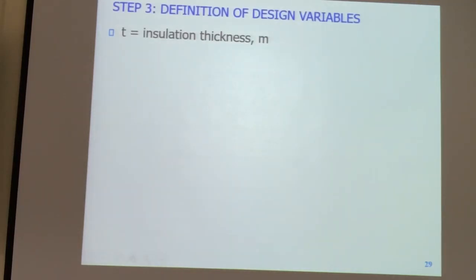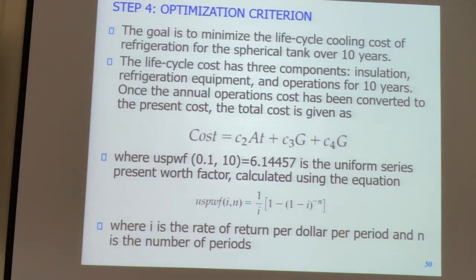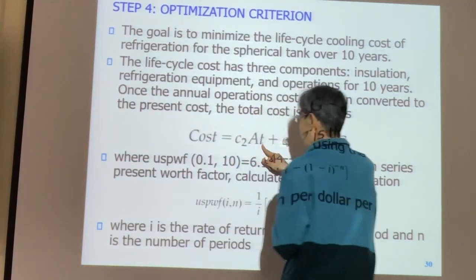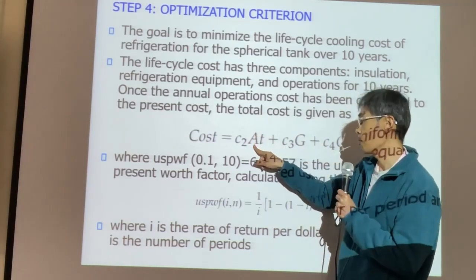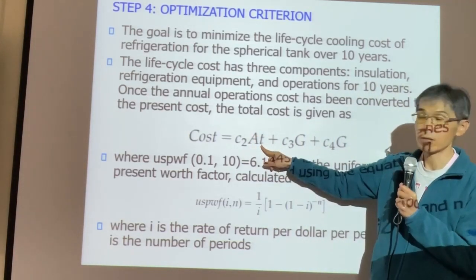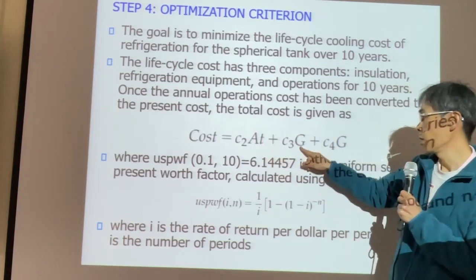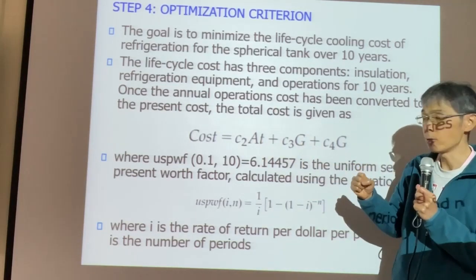Okay, now step 3, design variable. The only one is the thickness of the insulation. Step 4 is the objective function. We want to minimize the cost. So the cost is a function of A and T. A is the surface area, T is the thickness. This one is the insulation material cost, and this is the heating energy cost.